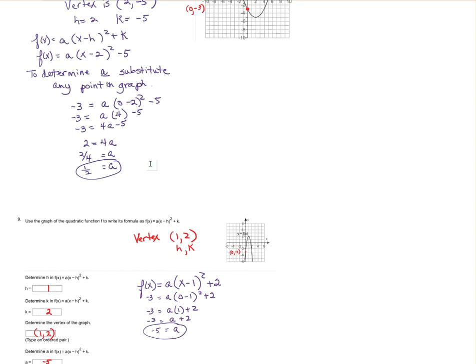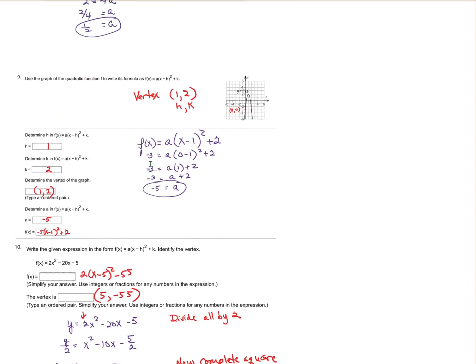All right, let's go down to 9. Use the graph to write this formula. It's the same idea: we pick a point. We know the vertex. The vertex is at 1, 2. So h is 1, k is 2. There's your vertex.